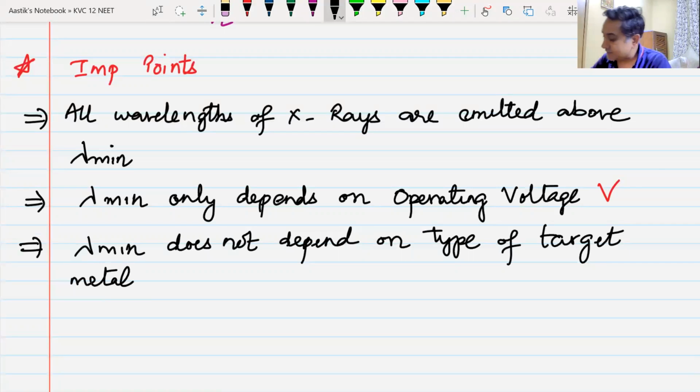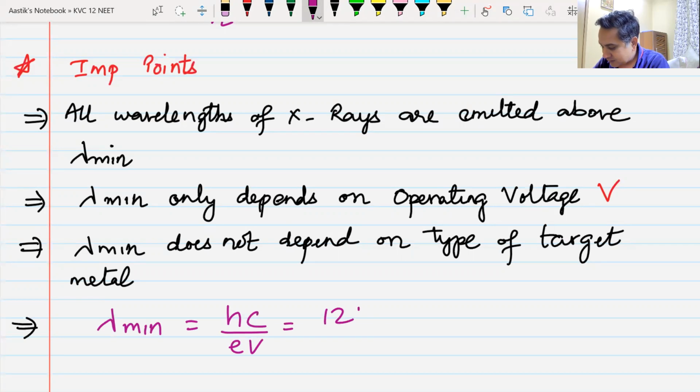Do we understand this? Yes, sir. And then you can remember the formula. Lambda min will be equal to hc by eV, or you can write it as 12,400 divided by voltage in Angstrom unit.